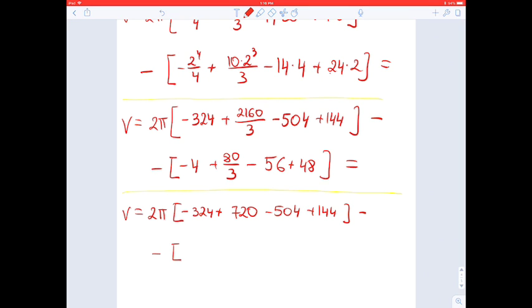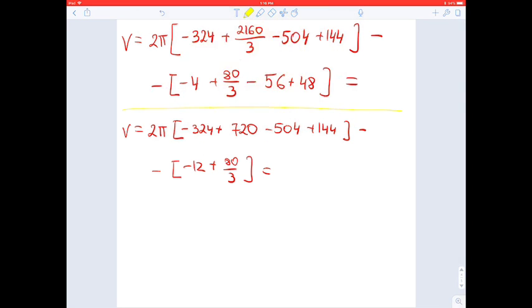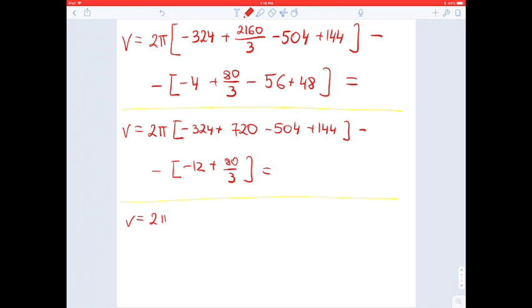And what I can do, I can say that negative 56 plus 48 minus 4 is negative 12 over this. And I hope almost the last step. That means negative 324 plus 720 minus 504 plus 144, if you use your calculator, is 36.